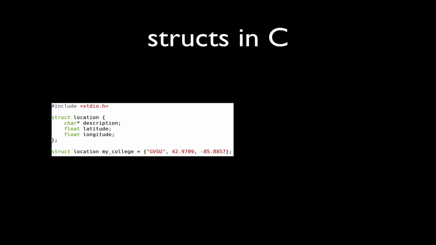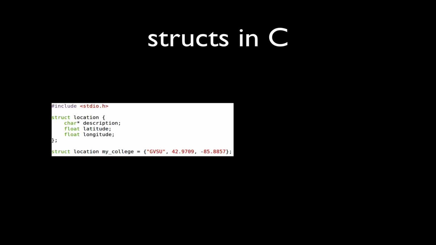So here is the syntax for a very simple structure that I've defined in C. We use the keyword struct followed by the name of the type. In this case, I'm defining a type location. If I want to be able to handle locations in my programs, and locations are not just a single piece of data, but several related pieces of information, a struct is a great way to approach that.